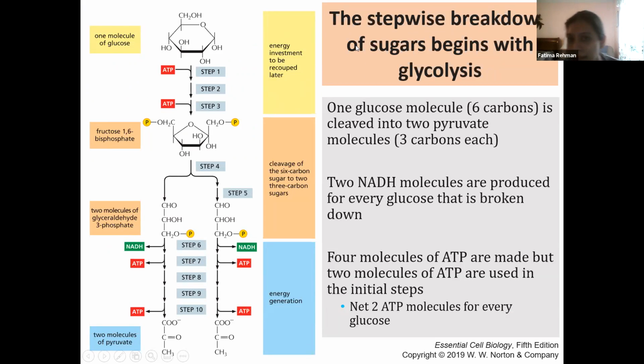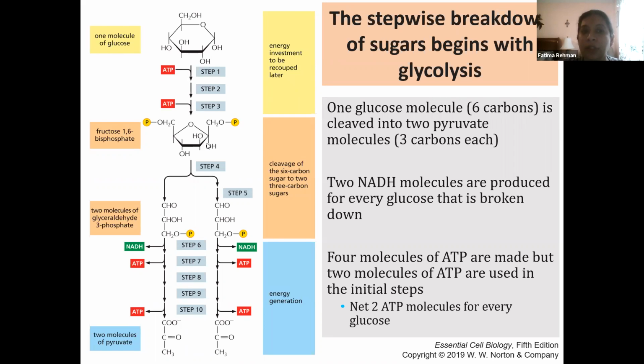Now, within this process of glycolysis, there are several steps involved before you get these pyruvate molecules. In total, there are actually 10 steps involved. So these are 10 individual steps before you can release any type of energy from them. So your initial glucose molecule first takes in individual ATPs, which are your individual steps.